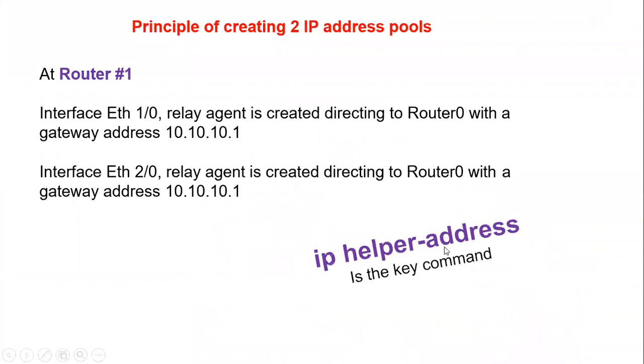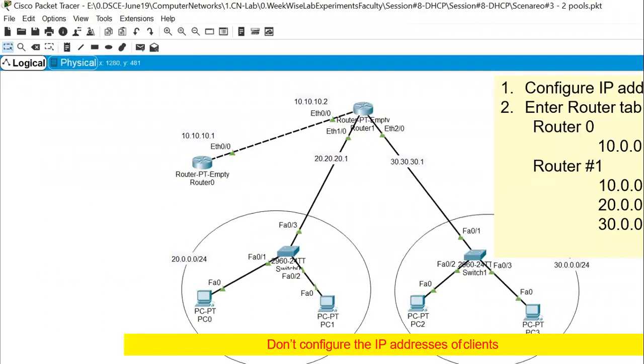This command is important for forwarding the DHCP request. So the first step is to configure all the static addresses here, and then go to the client and enable DHCP.